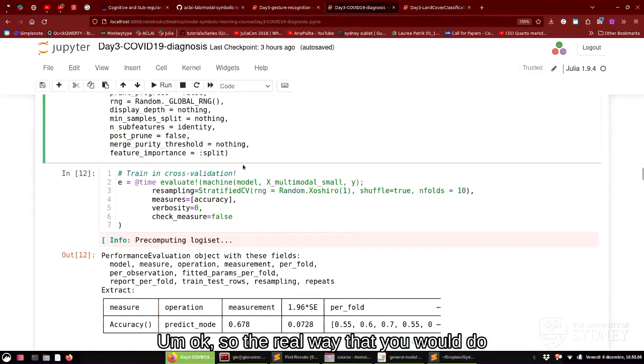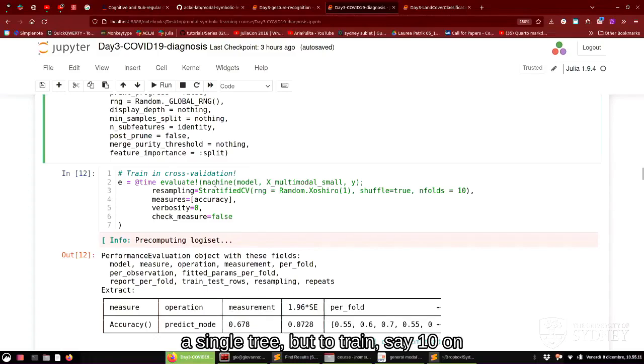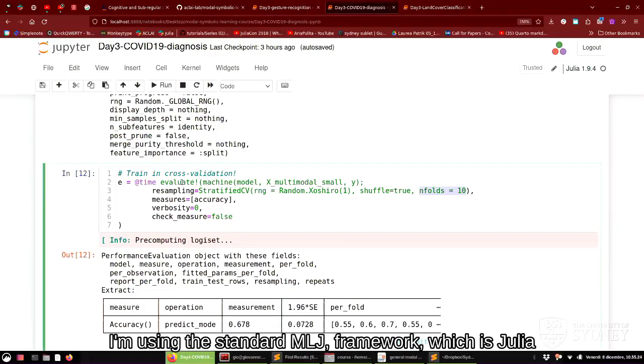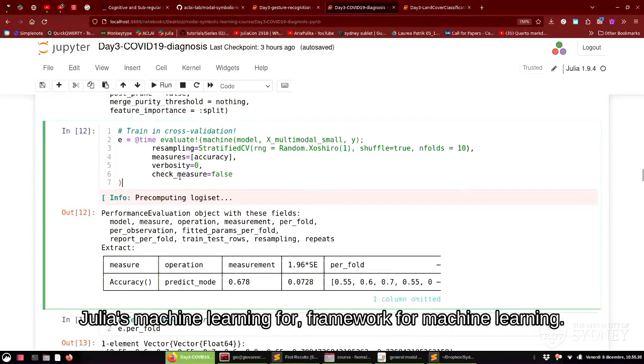The real way that you would do experiments, as we mentioned, is not to train a single tree, but to train, say, 10 on different training test splits. This is what I'm doing here, using the standard MLJ framework, which is Julia's machine learning framework.